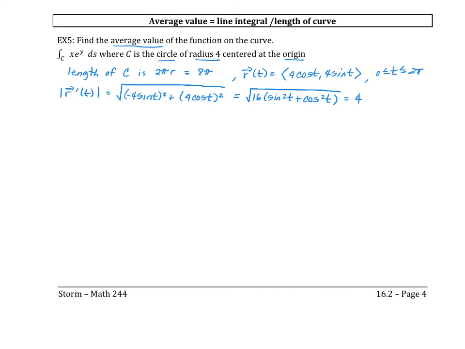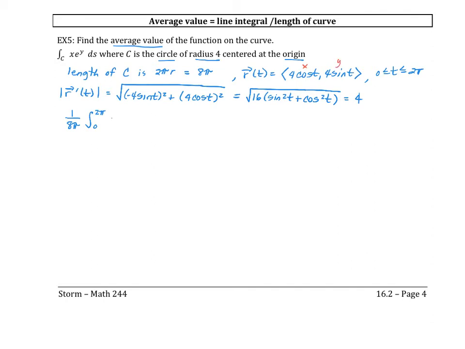And now the average value, since I'm going to divide by 8 pi, that's the same as multiplying by 1 over 8 pi, is going to be the integral from 0 to 2 pi. My x value is 4 cosine of t. My y value is 4 sine of t.